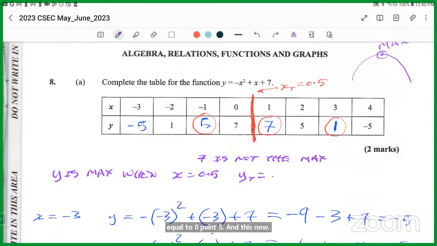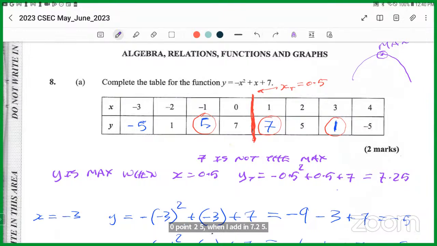So we get negative 0.5 squared plus 0.5 plus 7. If we work that out, the square is 0.25. So 0.5 minus 0.25 is 0.25, and you're adding 7, so we get 7.25. The maximum value is actually 7.25.